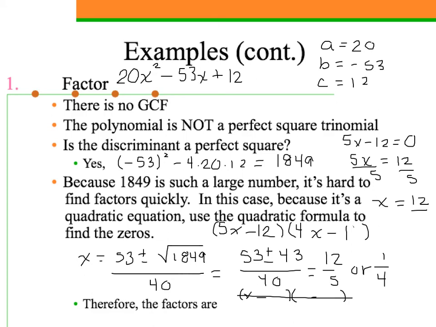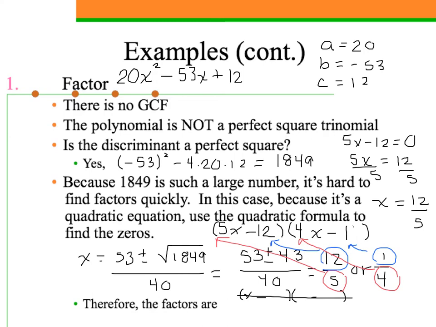So again, you take the denominator of the zero and make it the coefficient of the x, and then the opposite of the numerator goes in that factor with it. So the denominator of the zero is the coefficient of the x, and the opposite of the numerator goes in that binomial. So our factors in this case are 5x minus 12 times the quantity 4x minus 1.